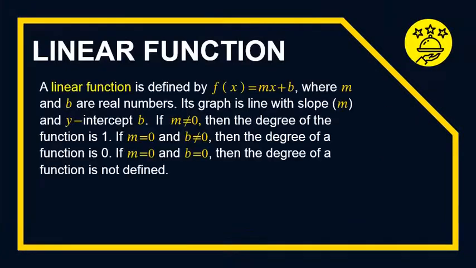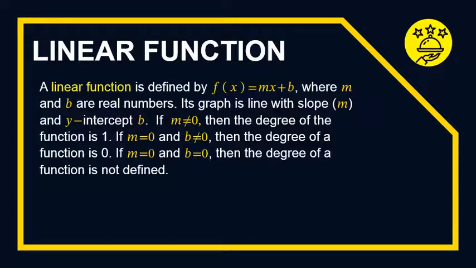Linear function. A linear function is defined by f of x is equal to mx plus b, where m and b are real numbers. Each graph is a line with slope m and y-intercept b. If m is not equal to 0, then the degree of the function is 1.